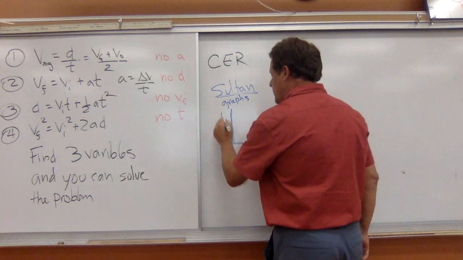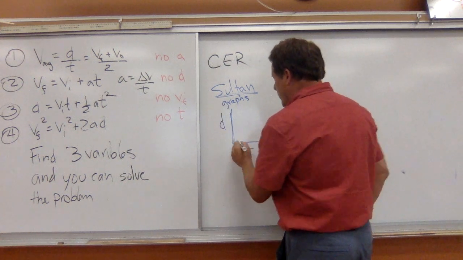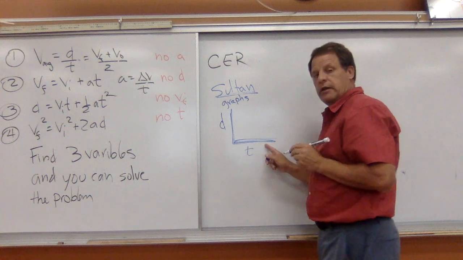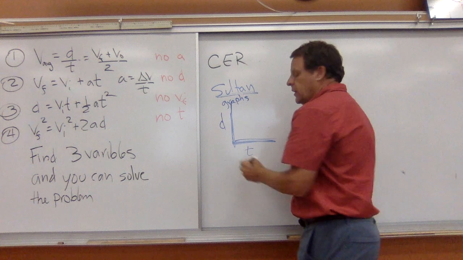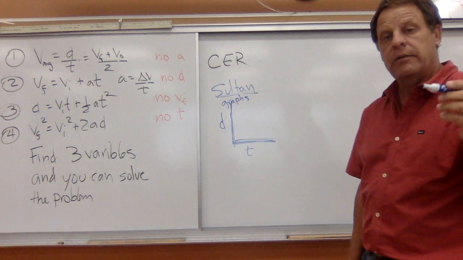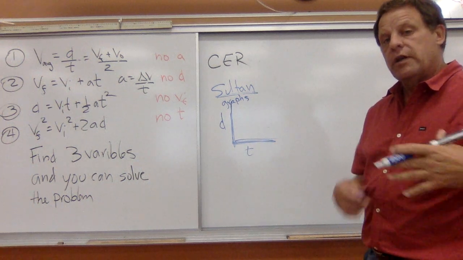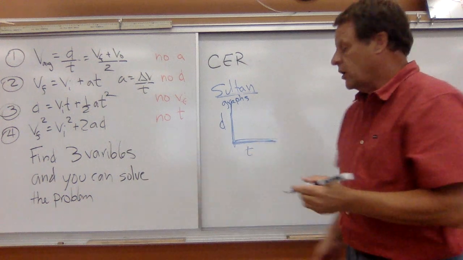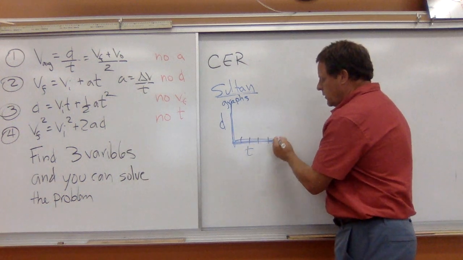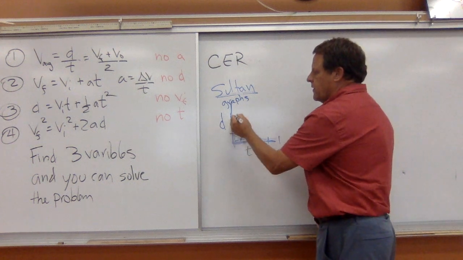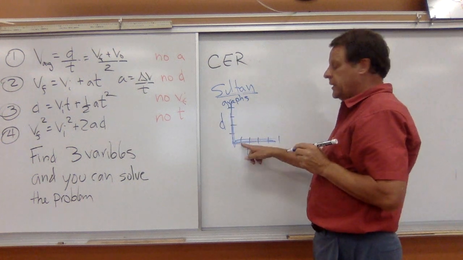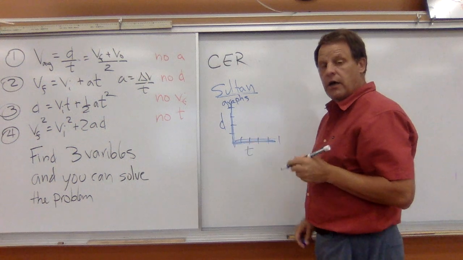One of those is going to be distance versus time. This one right here is the independent axis, and this vertical one is going to be the dependent axis. For example, time is going to go along no matter what we do. But if we move and change our distance, then our distance will be dependent upon the time.